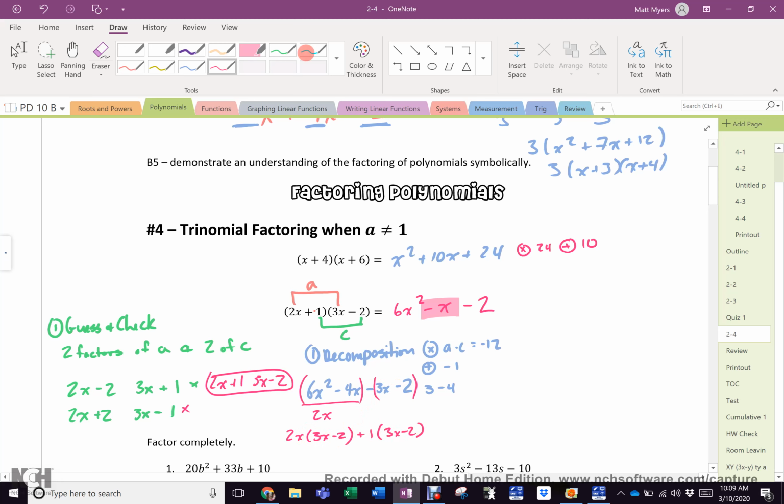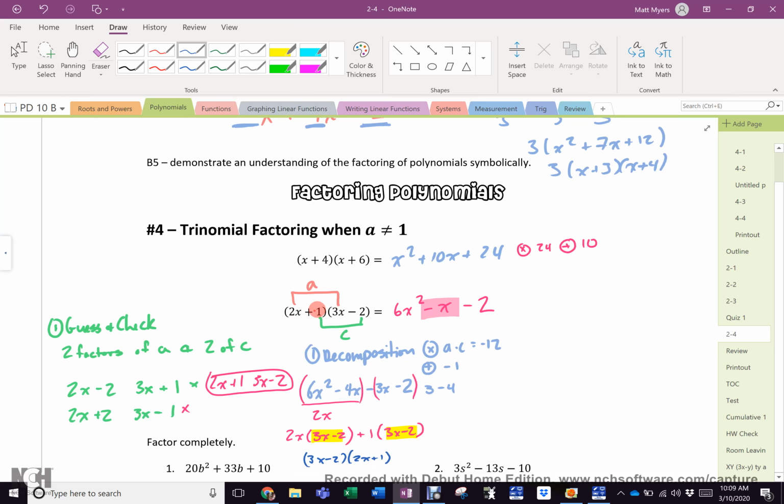Now notice, what do you see there and there? They're both common factors, so it's 3x minus 2 and 2x plus 1, which we know is the correct answer. Does everybody see how decomposition works? Okay. If you like it, use it.